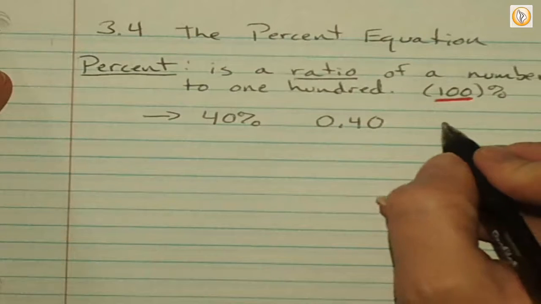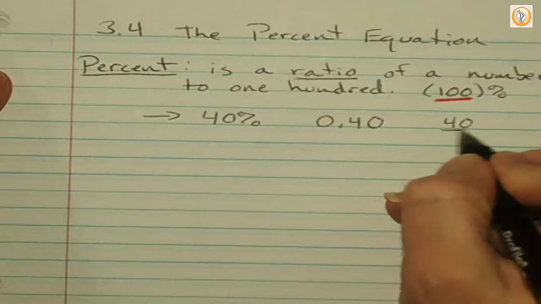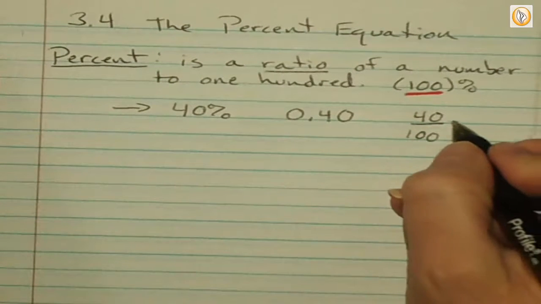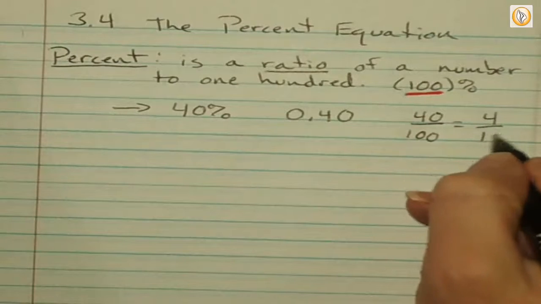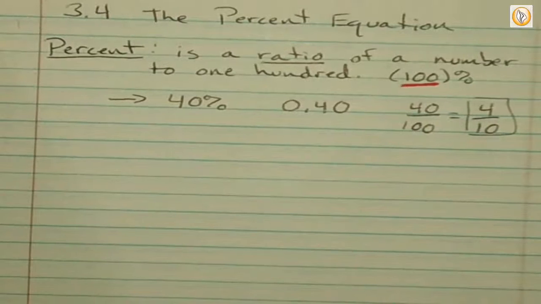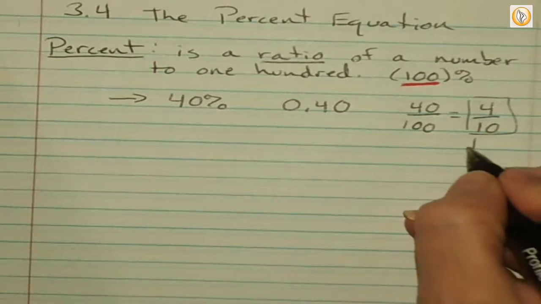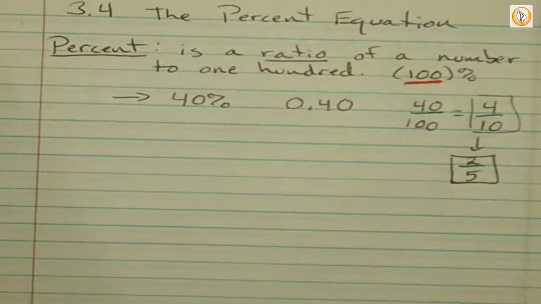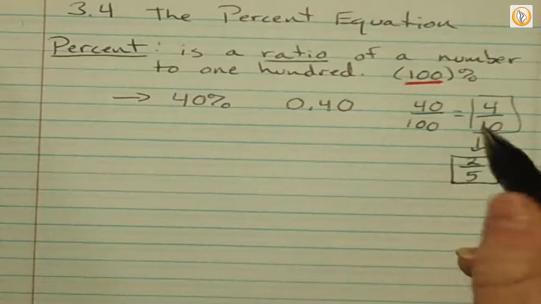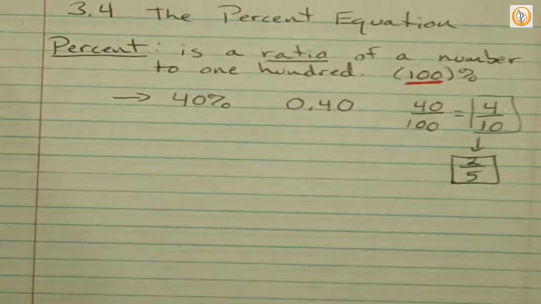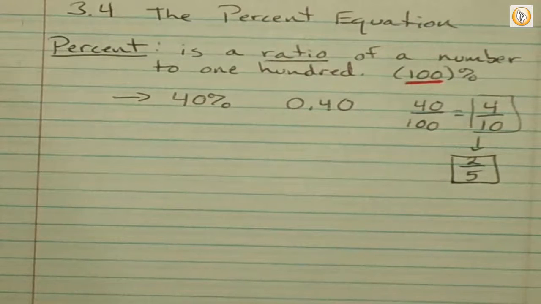If I write it as a fraction, I would write 40 over 100, and we reduce that to 4 over 10. You could even reduce it further to 2 over 5. All of these are still 40%. Now, let's go into detail.